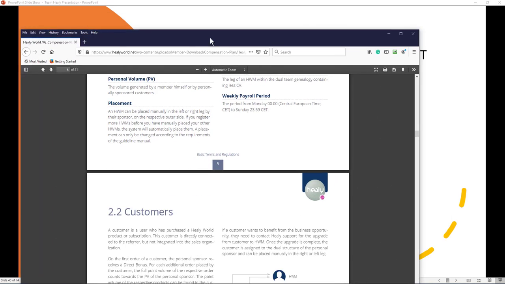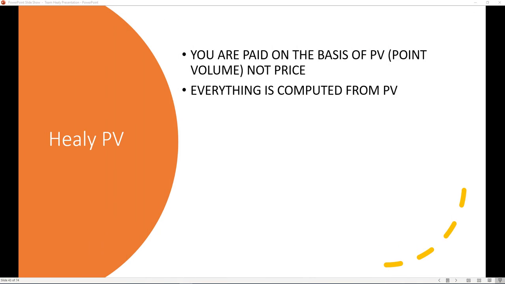I'm going to slide this out of the way, and we'll go to a PowerPoint presentation. The first thing that you need to know is that when it comes to you getting paid, you're not paid on the basis of the price of an item, but rather on the basis of what they call the PV, and that stands for point volume.